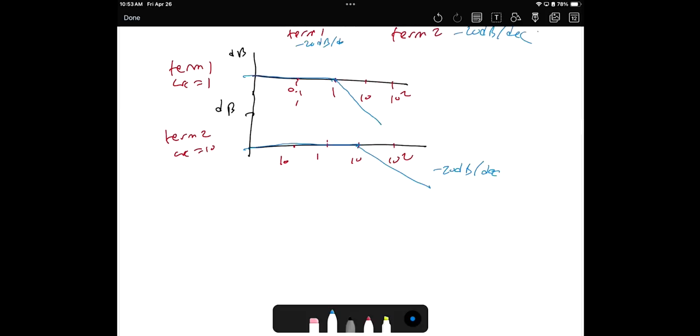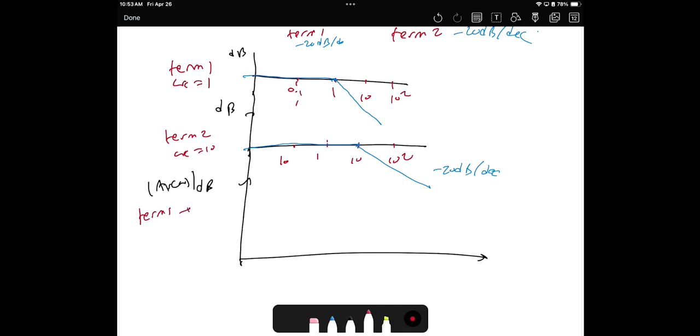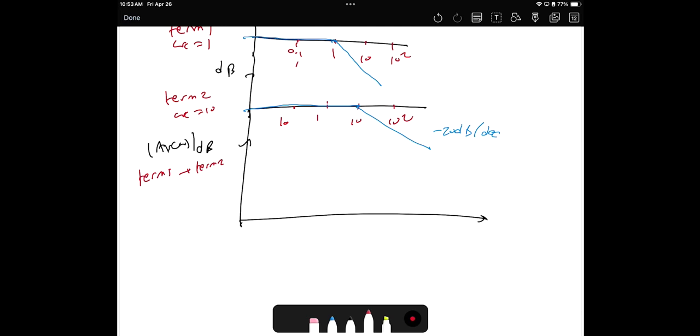Now my target is to sum, because the magnitude of omega in dB is the sum, term 1 plus term 2. Then what's happening? Here it is 0.1, 1, 10, 10 squared. It is activated at 1.